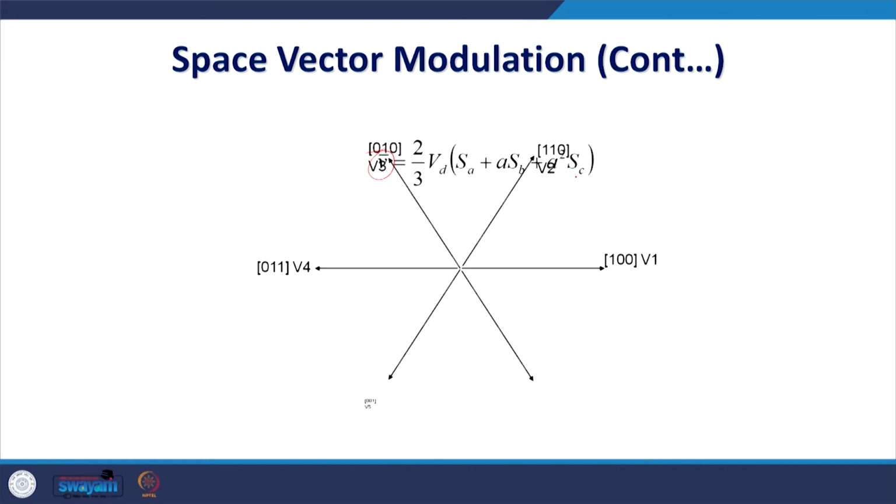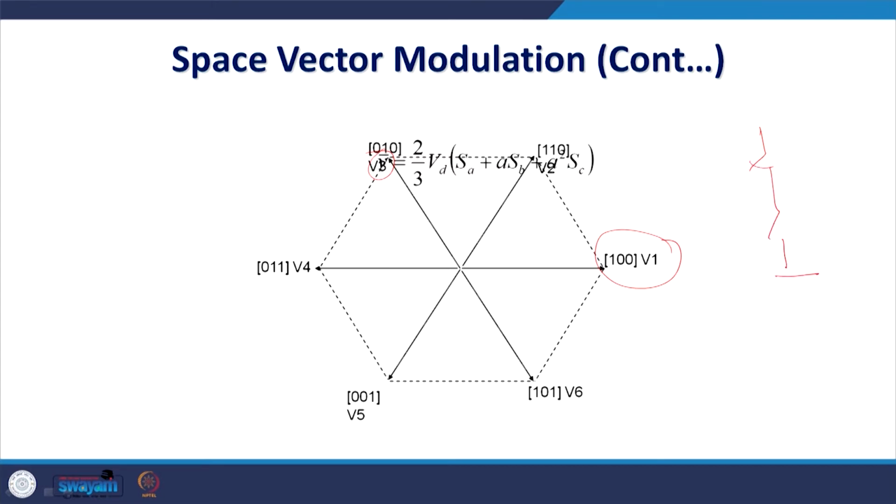Now, this is the typical 2 level phase vector representation. First of all, if you want to have this vector, said to be A, that means in the upper leg of A it is closed, and for the lower 2 legs the upper ones are open and the lower ones are closed.